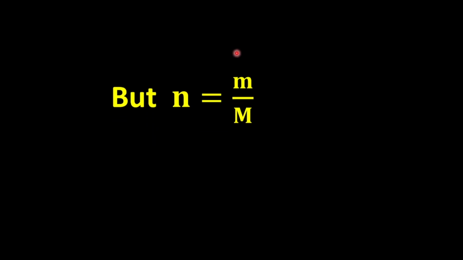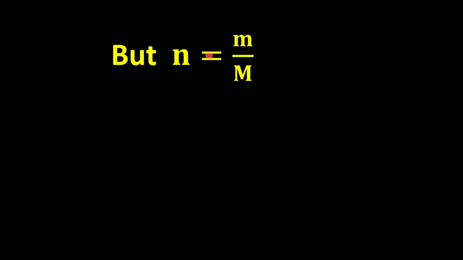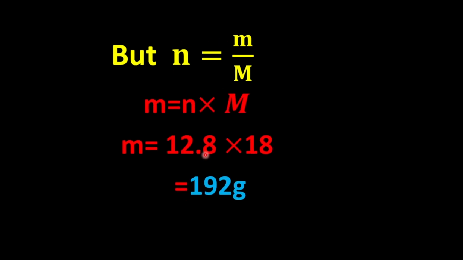Moving to the next stage, n is equal to mass over molar mass, so mass is n times molar mass. From the calculation, the amount is 12.8 moles. Molar mass of water is 18. When you multiply, you get 192 grams.